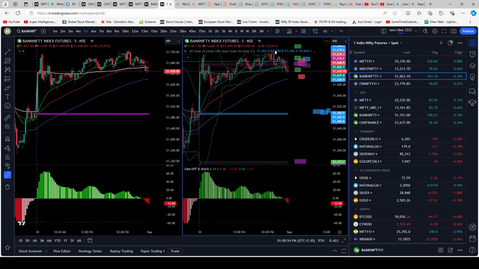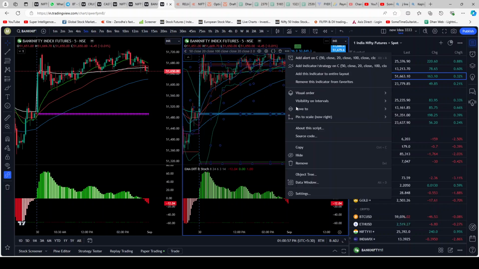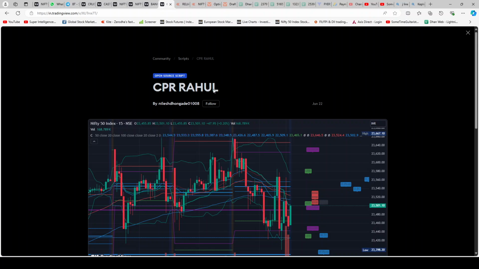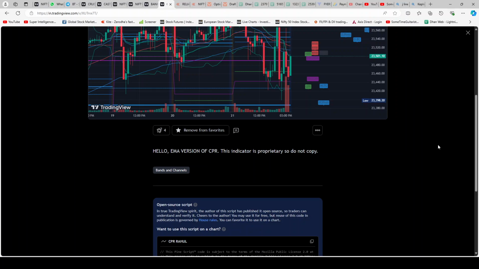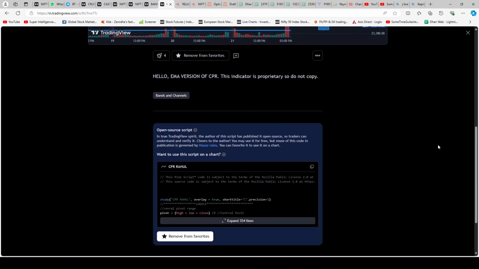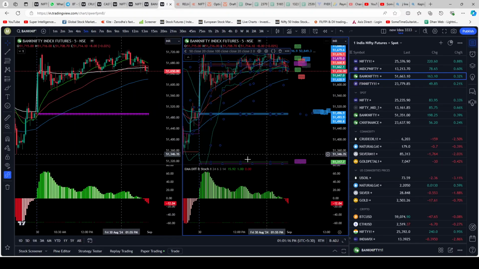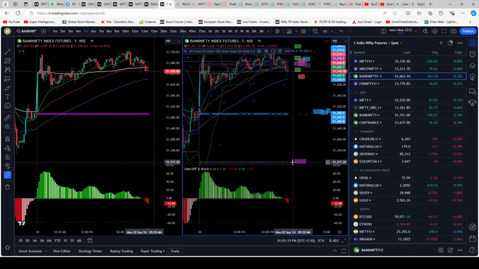When you go over here about the script, you will find it's CPR Rahul by Nilesh Dongare, and there's hardly any writing on it. All right, but the moment I started studying this indicator, I immediately realized that this is a very workable indicator. Most of the content that is showing is important. However, we'll get rid of all the content we don't want.